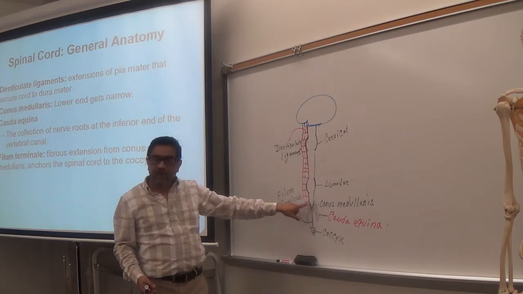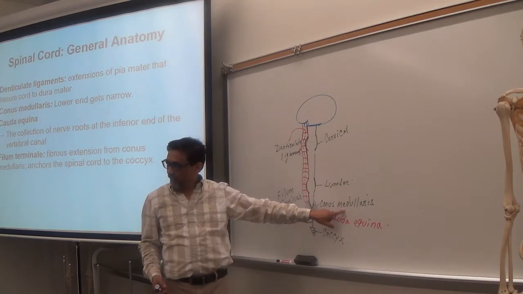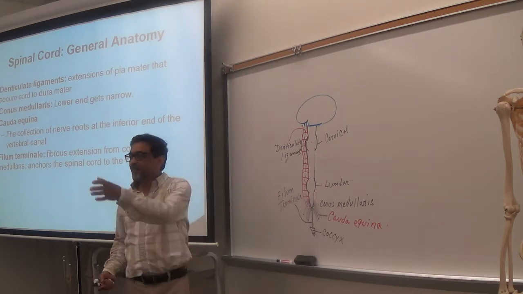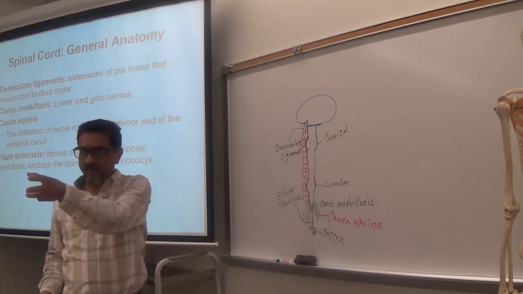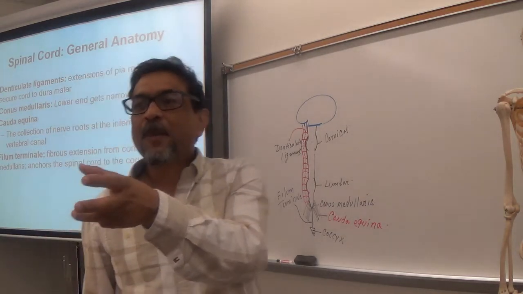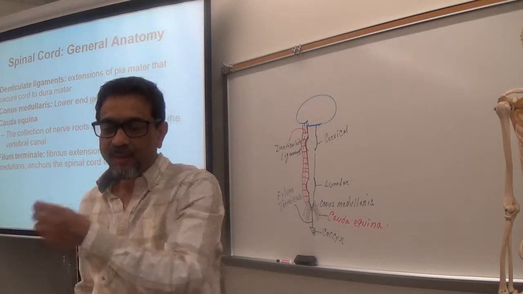Lower cone-shaped end of the spinal cord is called what? Conus medullaris. Clear? Conus medullaris. And at the lower end, you will see many nerve roots, right? Bundled together, looks like what? Horse tail. That is called cauda equina. Okay?